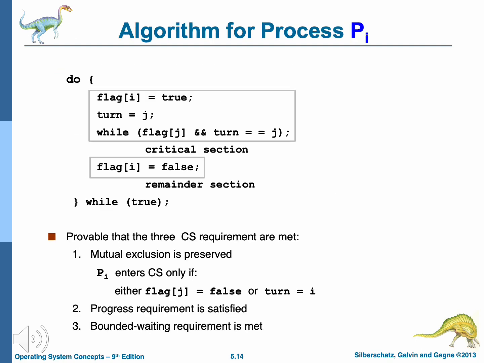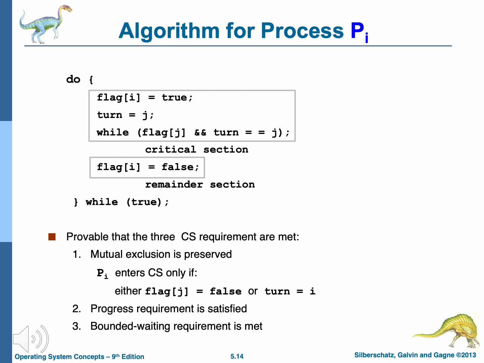To enter the critical section, process Pi first sets flag[i] to be true and then sets turn to the value j, thereby asserting that if the other process wishes to enter the critical section, it can do so.